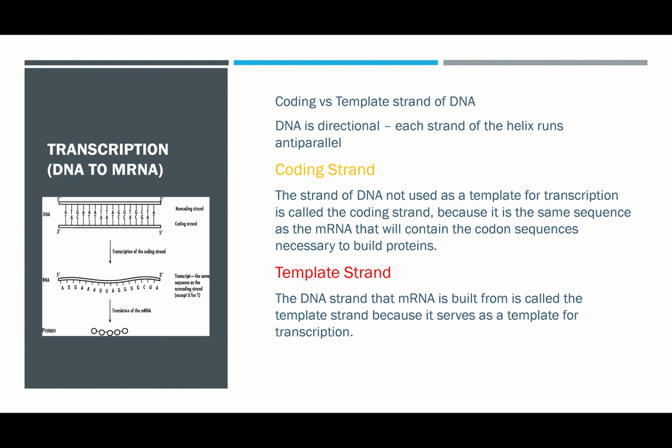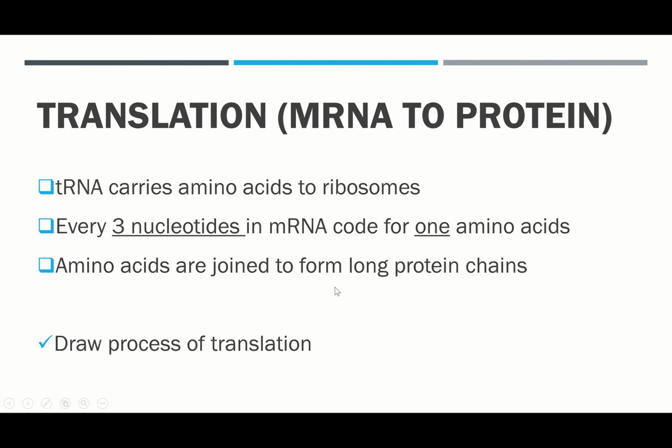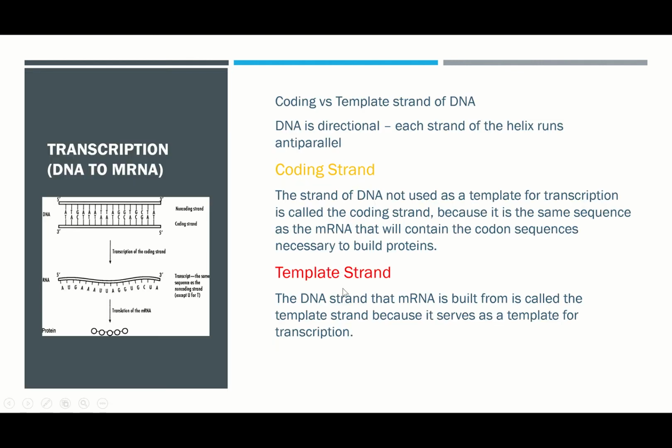Or simply put, you can imagine it as containing the right information, whereas the template strand doesn't contain the desired information for protein synthesis. And we'll get into why one is wanted and the other is not wanted. Okay, so you have the coding strand, that's the one you want, and you have the template strand.